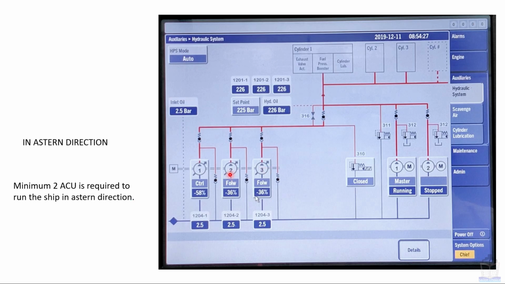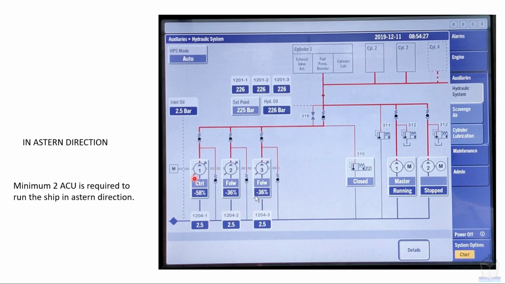Now suppose any one SU is kaput, then obviously the corresponding pump will move in the ahead direction. So if the engine is running in astern direction, that pump will be of no use. Then we will be left with only two pumps which can deliver hydraulic pressure in astern direction. So this minimum requirement is for the engine to run at maximum RPM in astern direction.